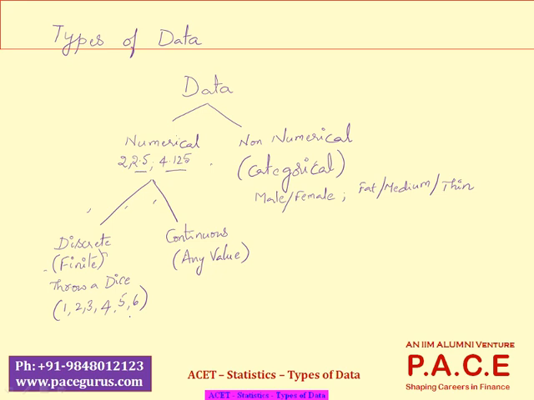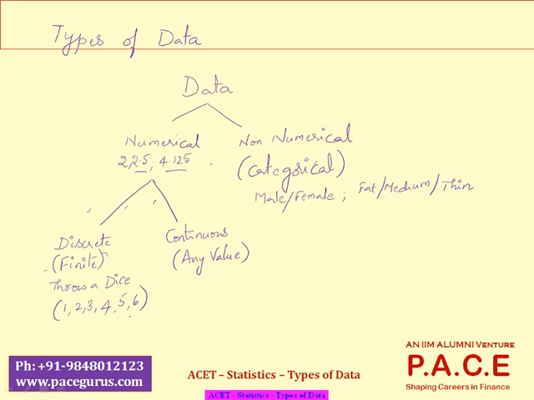Another example is the number of people out of 50 who passed an exam. It could be only either 1 or 2 or 3 or 20 or 30. It's a finite, countable kind of number.